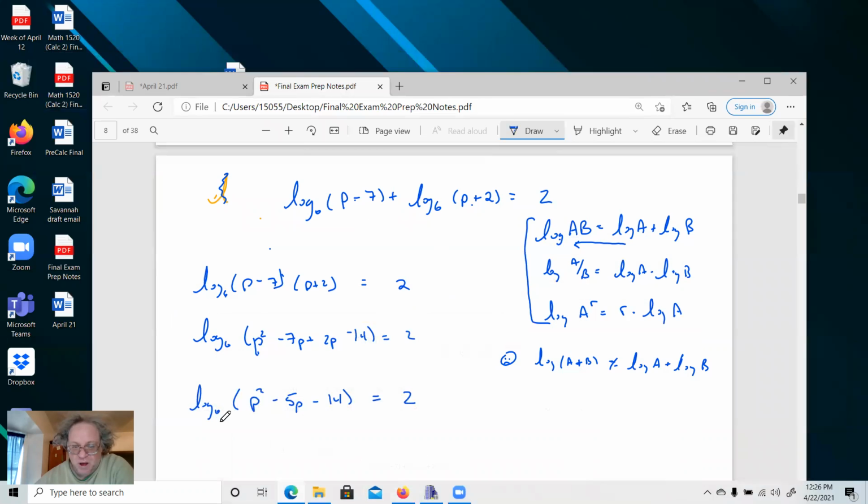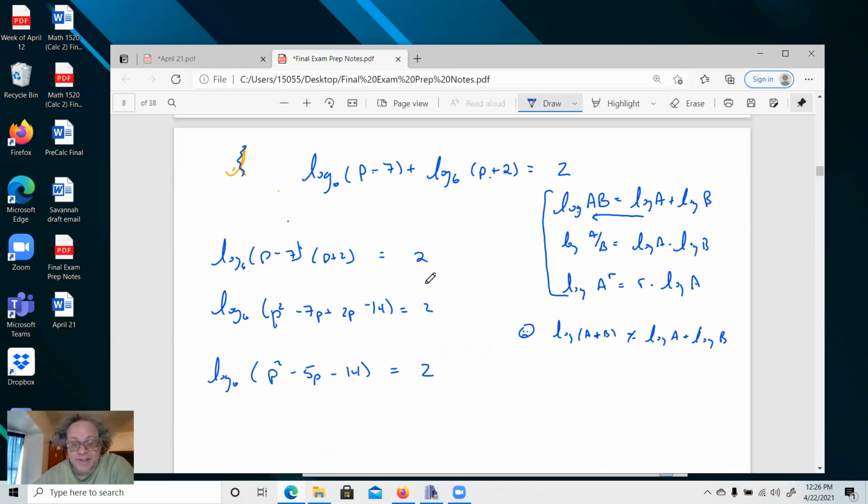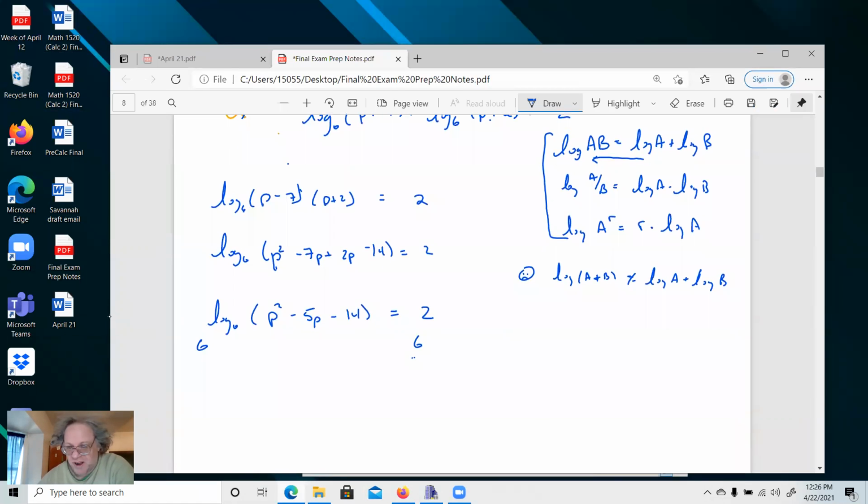We have to get rid of the log because I've got variables inside the logarithm. The way you get them out is you take the anti-log. We raise each side to the same base. When you first did your unit on logarithms, you probably had a lot of problems where you equated exponents. We're doing it in reverse now. So we're unlogifying both sides.